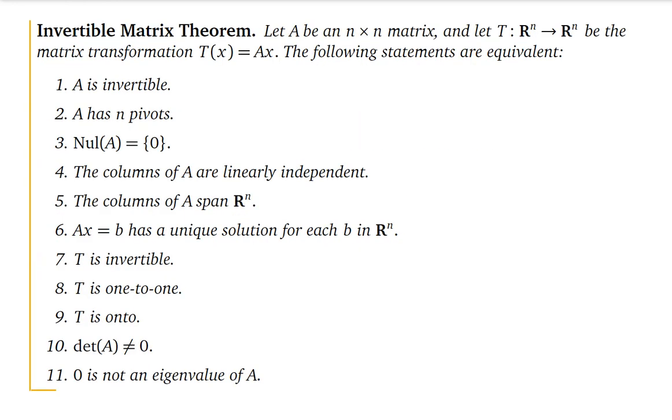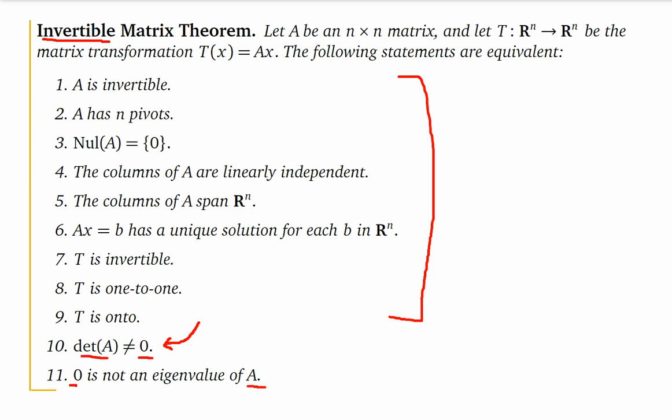And after you're done looking at the examples, you should definitely read through the updated invertible matrix theorem. So we've got a couple more things now that we know because we have learned about determinants now, and we know that a matrix is invertible whenever that matrix has a non-zero determinant. So as soon as I have a non-zero determinant, I know all of these things are true as well. And also, well, let me just say that I get a 0 as an eigenvalue of A when I get a 0 determinant.